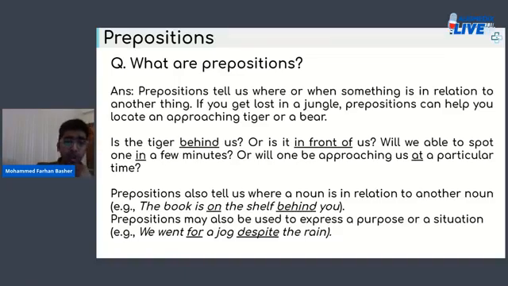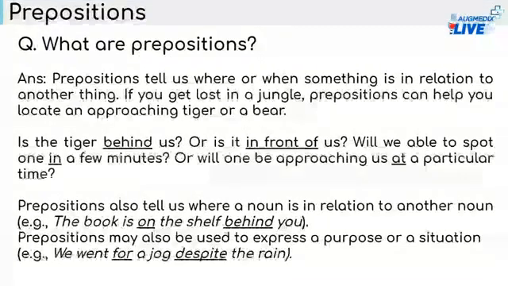Prepositions also tell us where a noun is in relation to another noun. For example, the book is on the shelf behind you. Now, you want to talk about two nouns and find a relation between them, or talk about the physical locations of the two nouns, you use prepositions, right?